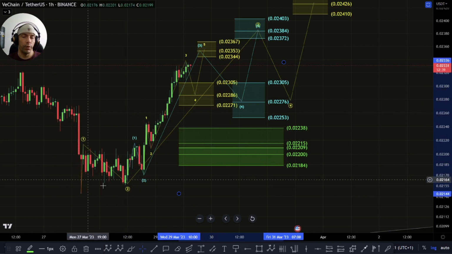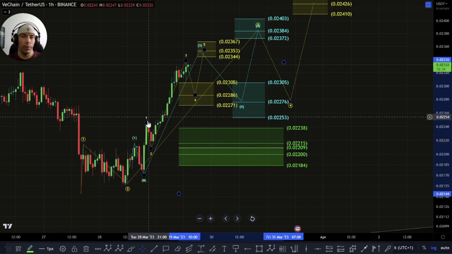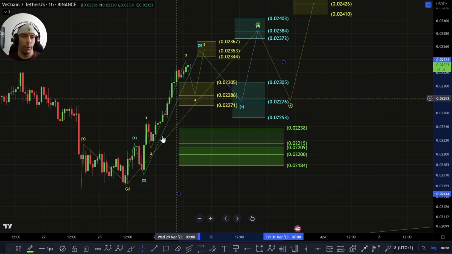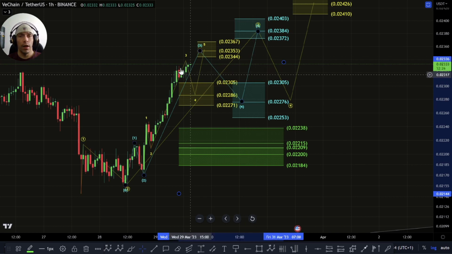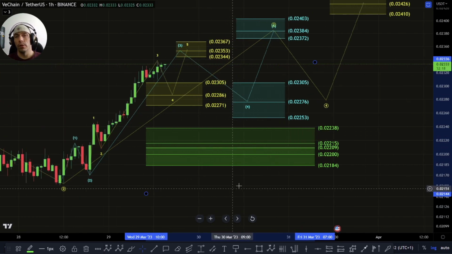The only way really you could look at it is potentially as a diagonal, but it wouldn't really fit because the fifth wave would be too long. So really, unless we find a fourth and a fifth here and start to find this additional structure, I would say that we'd have to be cautious of continuation to the downside if this fails to achieve these additional waves here, and form better structure.